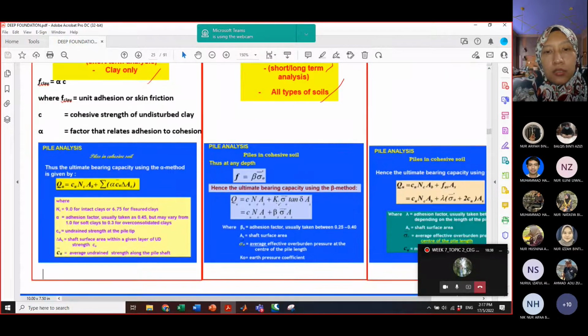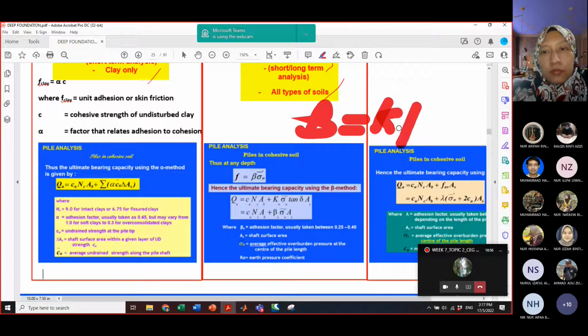Beta comprises K tangent delta. That is the beta actually. So beta is K tangent delta.